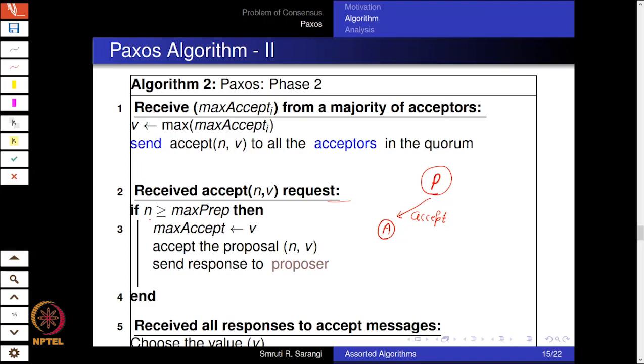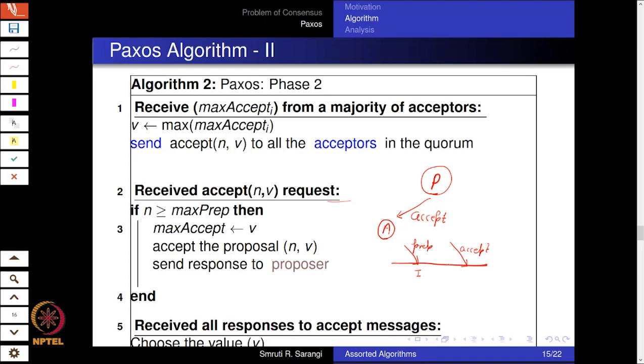So phase 2 also works in a similar manner. In this case, if n is greater than or equal to max prep, note the equal to, the equal to comes because of the following reason. First we send a prepare message. Then, this is phase 1. Then we send an accept message, assuming it passes phase 1.